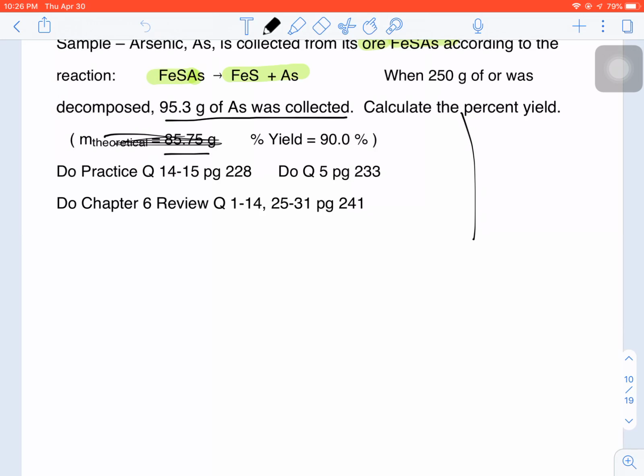Okay, I'm going to leave you with the 3 questions on page 230, which aren't even here. Practice questions on 228. So these are 2 questions on page 228 here, questions 14 and 15.